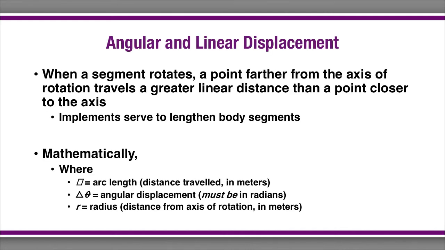In discussing the relationship between angular and linear displacement, when a segment rotates, a point farther from the axis of rotation travels a greater linear distance than a point closer to the axis. If we assume this is the axis of rotation, and a point from here moves 90 degrees versus a point further from the axis moving 90 degrees, this further point is going to have a greater arc length.